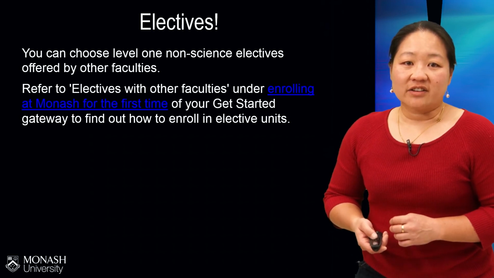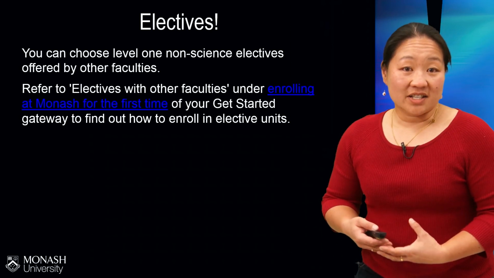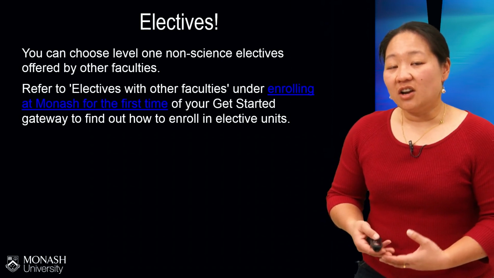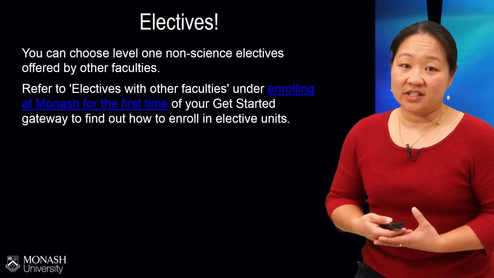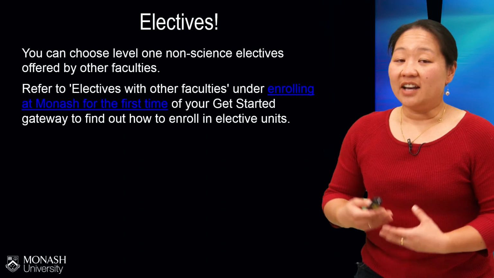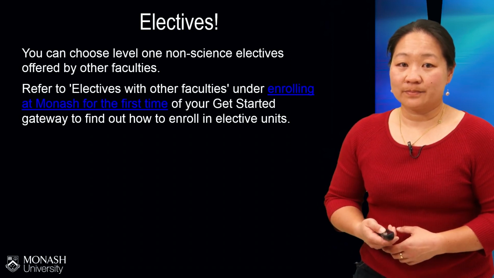In education, there is a list of approved electives. You can't enrol in any medicine units that are coded MED. And in terms of psychology, all the psychology units are considered science units. In law, you're not allowed to enrol in any law units. And in fine arts, you require permission and only if there's space.